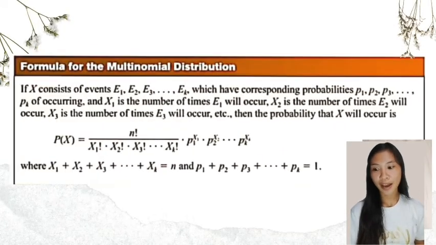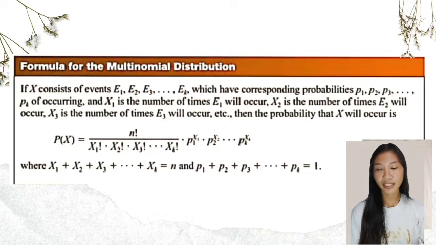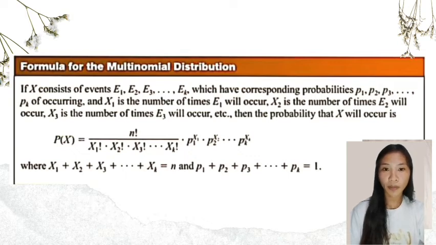Note the formula for the multinomial distribution: if x consists of events e sub 1, e sub 2, e sub 3, and so on, e sub k, which have corresponding probabilities p sub 1, p sub 2, p sub 3, and so on, p sub k, of occurring, and x sub 1 is the number of times e sub 1 will occur, and x sub 2 is the number of times e sub 2 will occur, and x sub 3 is the number of times e sub 3 will occur, and so on.